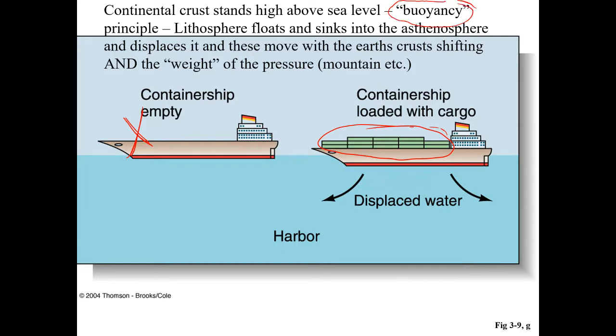You guys know that to be buoyancy, right? The lithospheric plates are going to float in the asthenosphere, okay? And instead we're using a boat and cargo, and it puts a different amount of pressure in the asthenosphere, or in this case, in the water.